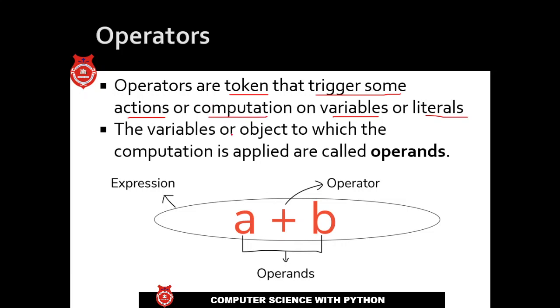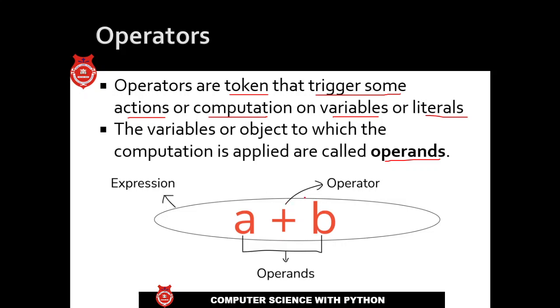The variables or objects on which the computation is applied are known as operands. For example, if A has some value and B has some value, and you want to add the two values, A plus B, we have plus as the operator.